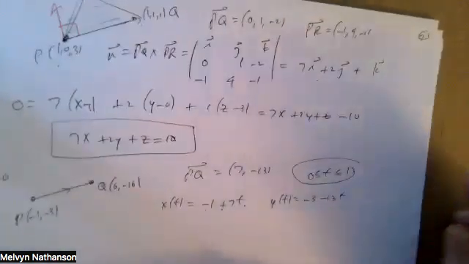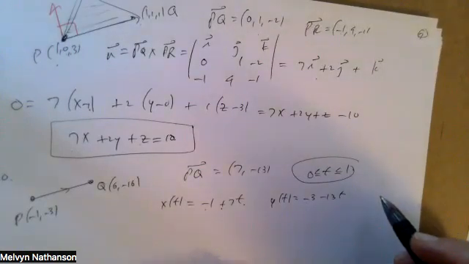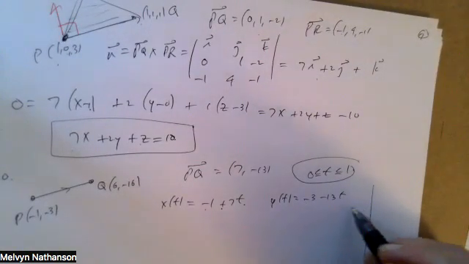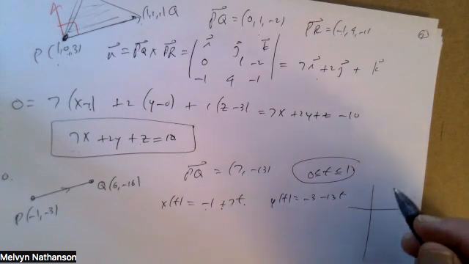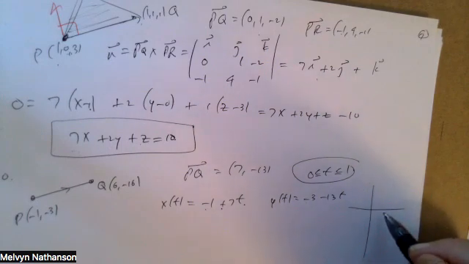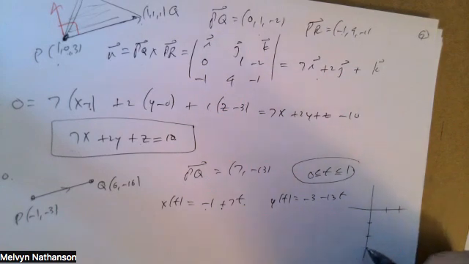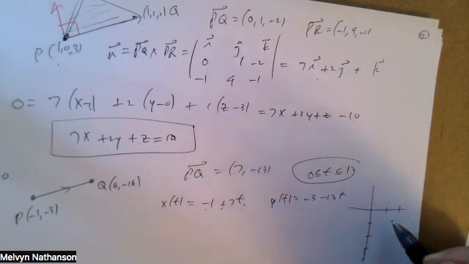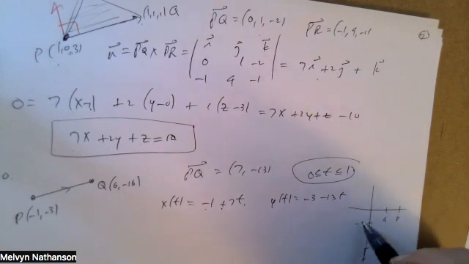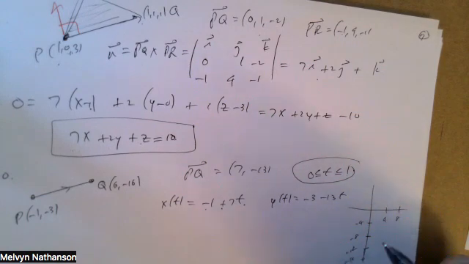If you wanted to draw it more to scale, this were 4, 8, minus 4, minus 8, minus 12, minus 16.